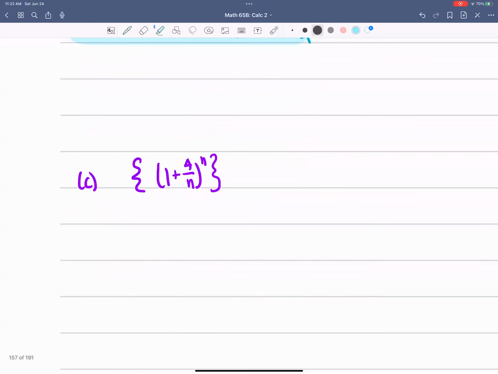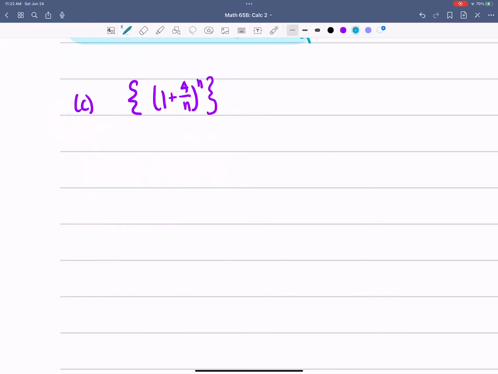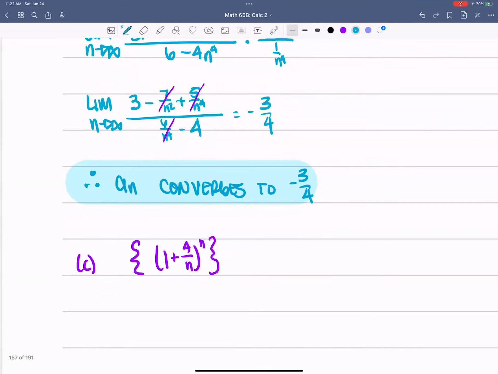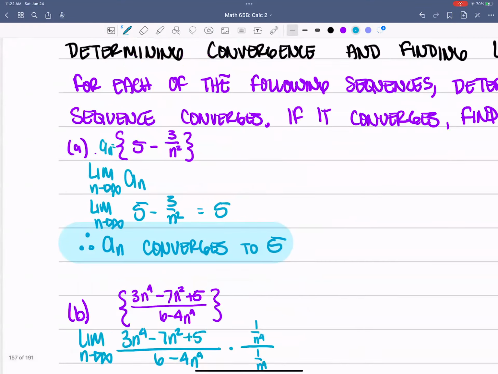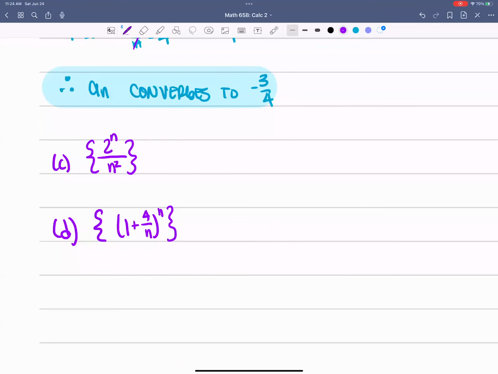There we go. And lastly, part C. All right, so part C, we take the limit as n approaches infinity of... I made a mistake there.